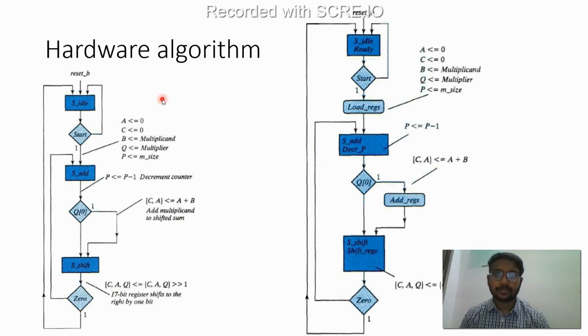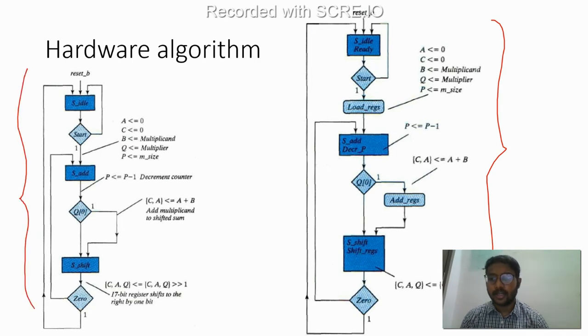ASM chart. The right side figure is the final ASM chart. This is the initial ASM chart for initial understanding. Both are the same, but the right side ASM chart has the complete control path, whereas this does not have the complete control path, rather it just shows the register operations.